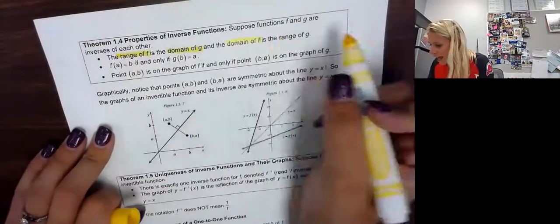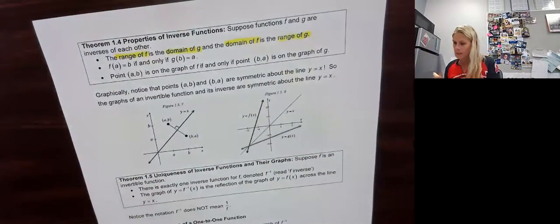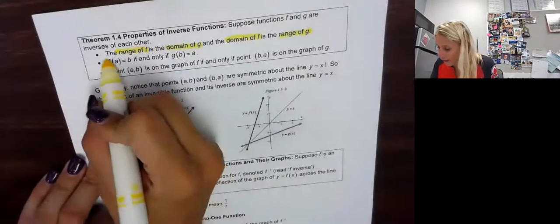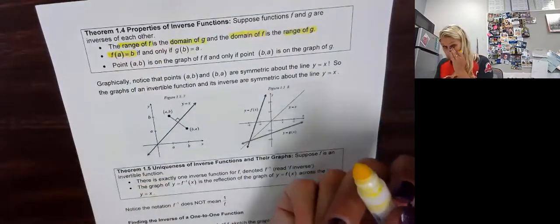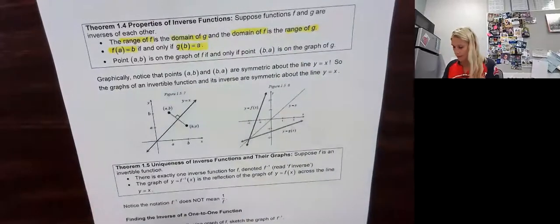The domain of f is the range of g. So it's interchangeable, okay? And then we know that if f of a equals b, then g of b equals a, and vice versa.